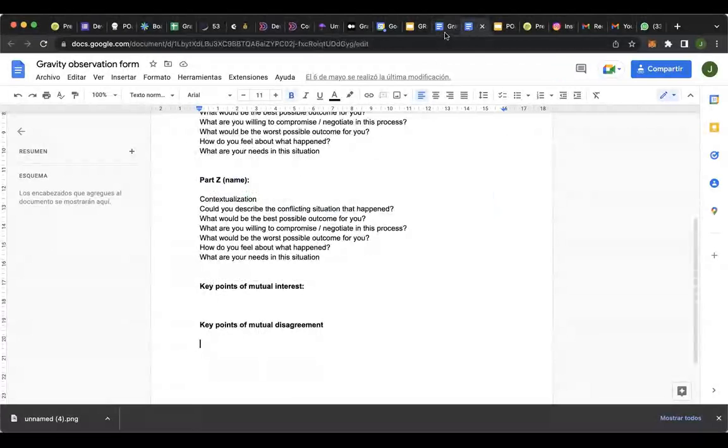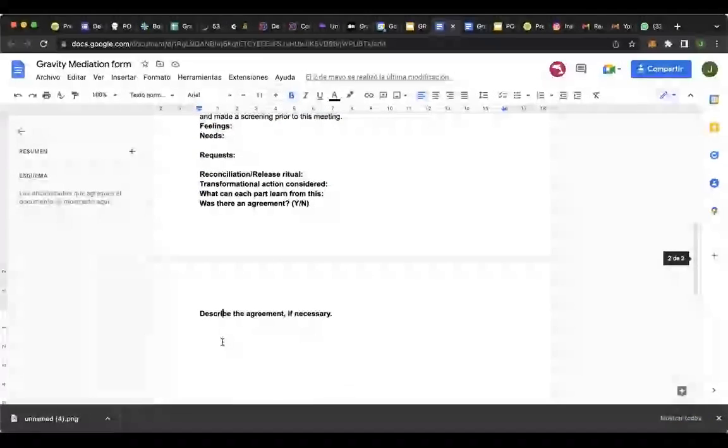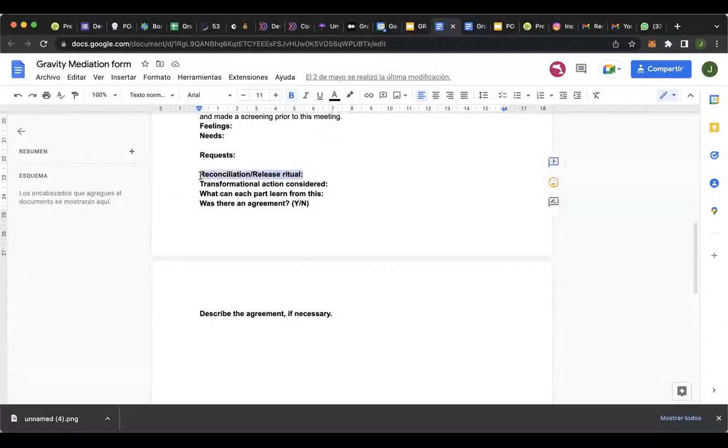Here the notes can be really unorganized, but here you can put some notes that are more polished, and you can describe the agreement if necessary between the parties. And I always like to make a reconciliation ritual and consider some transformational actions, what each party can learn from this, and whether there was an agreement, yes or no.